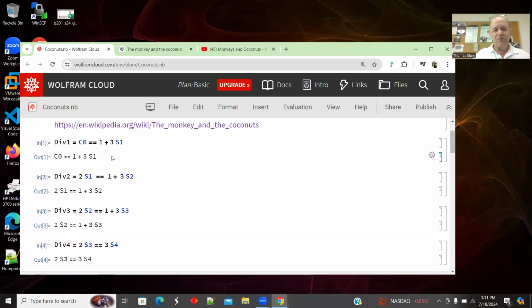Some Mathematica notation here: the single equals is a naming. You don't need to name things for a given session in Mathematica or Wolfram Cloud. I could have referenced this equation as either out1 or div1. It's nicer when you're communicating with other people to have a name.